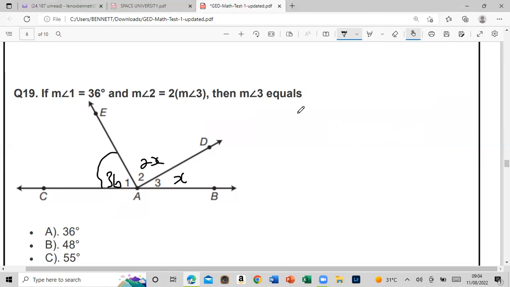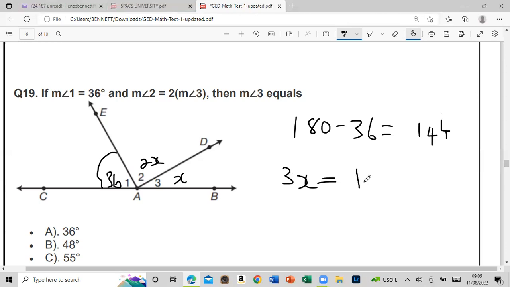All of it adds up to 180. So 180 minus 36, that is 144, right? So it means that these two add up to 144. So let's equate what x should equal to.